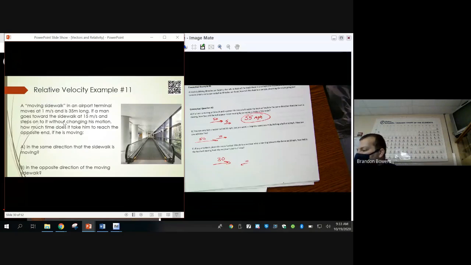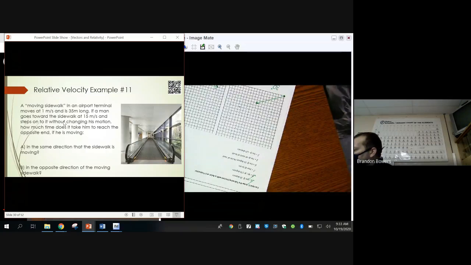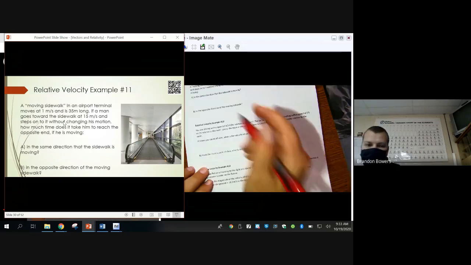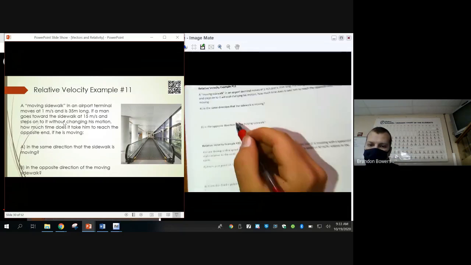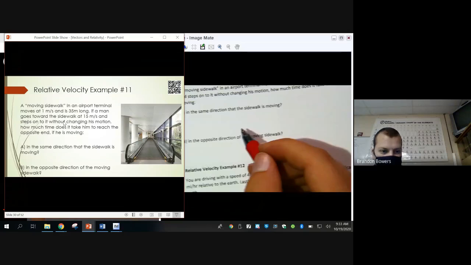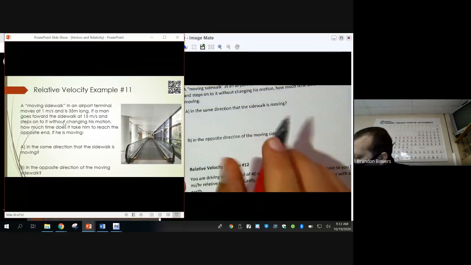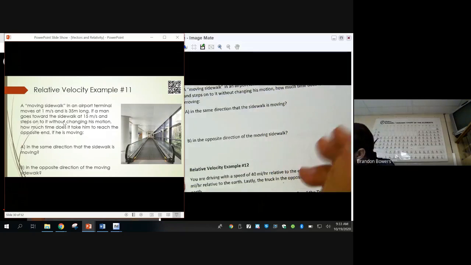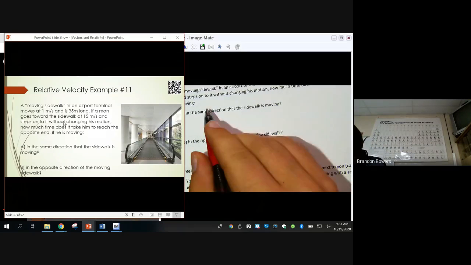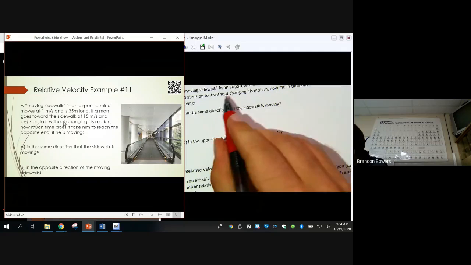All right. The first time, he is moving in the same direction as the sidewalk is moving. The sidewalk is 35 meters long, and it moves at 1 meter per second.